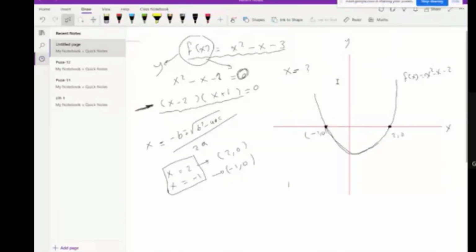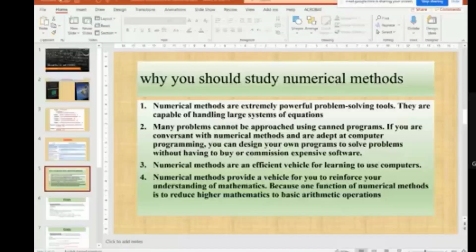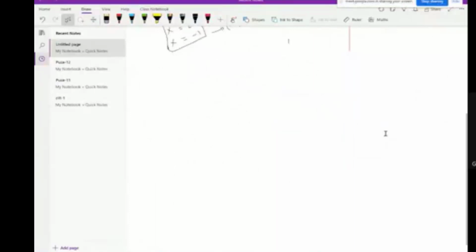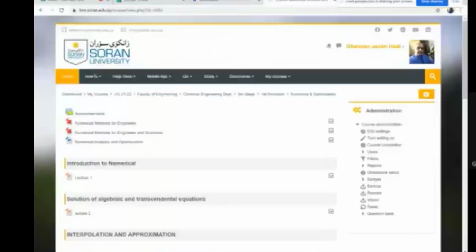Okay. Now we talked about two examples, first order and second order. What we will do if we have... just a minute, please. Just one moment.